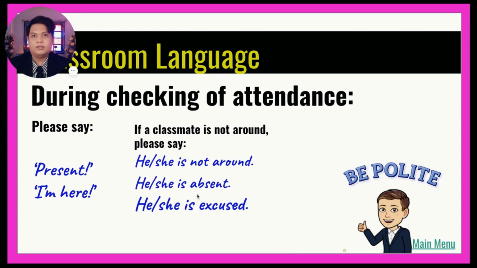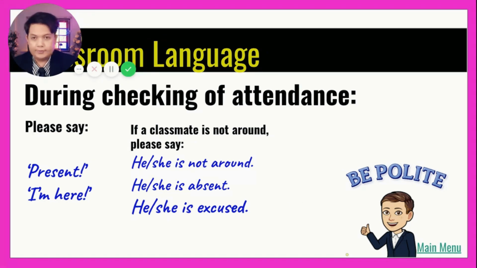Or if he's absent and the teacher is not aware, you could say, teacher, she's absent or he's absent. Or if he has something to attend to, like an activity that he has to attend or she has to attend, you could say he or she is excused. Again, he or she is excused. Very good. Right, so next in our list.